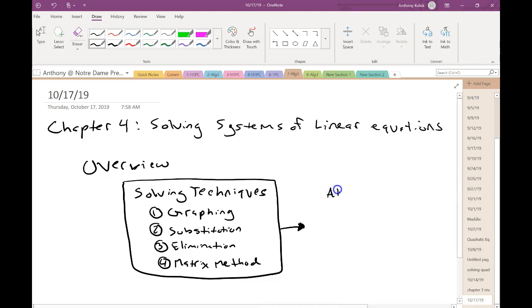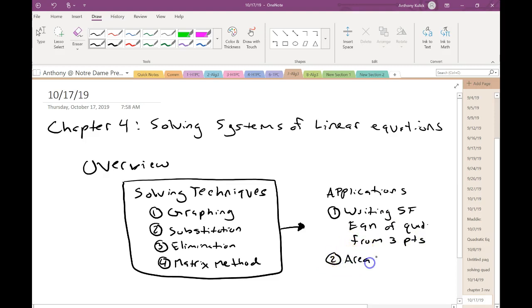And then after that, we're going to talk about some applications. So it turns out there's lots of places where solving a system of equations or a system of linear equations is really interesting or applicable. So one would be writing the standard form equation for a quadratic just from 3 points.